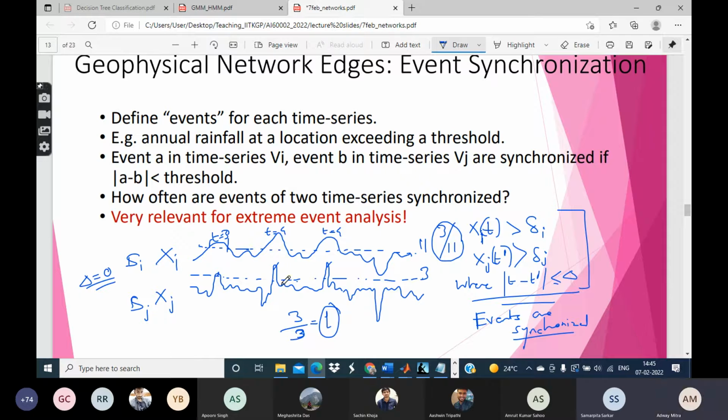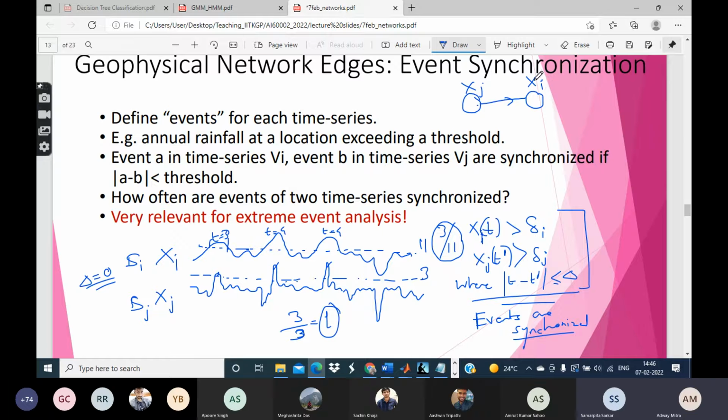Okay. So what does that mean? That means whenever an event happens in xi, we cannot say that an event will happen in xj also. But when an event happens in xj, then we are more or less certain that an event will happen in xi also. So in that case, we will probably draw a directed arrow from xj to xi. I am not drawing the arrow from xi to xj, but rather from xj to xi.